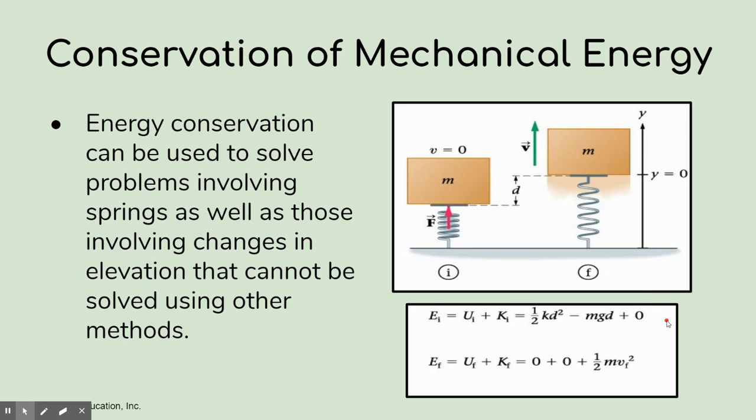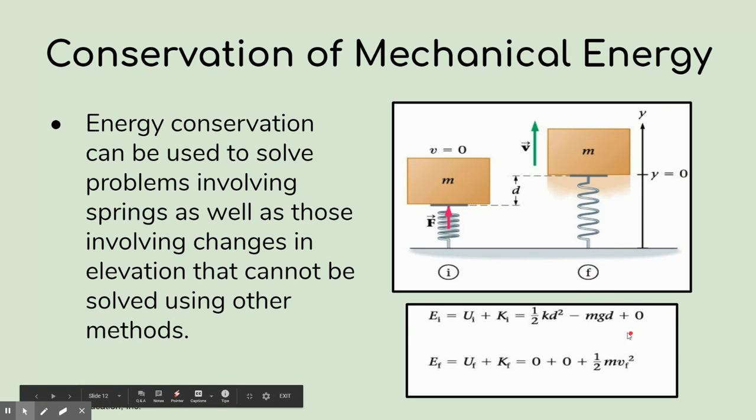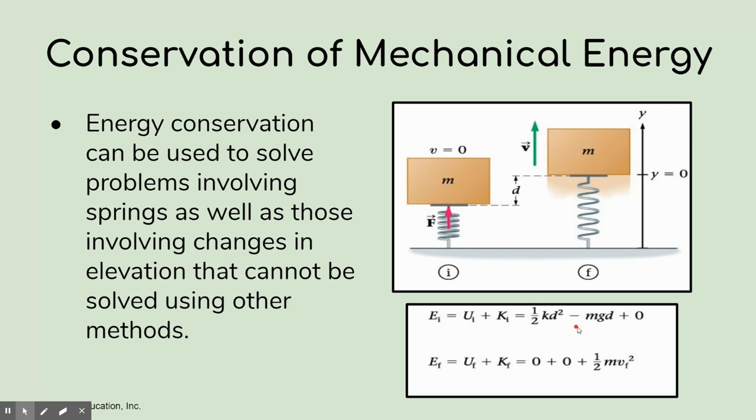This 0 is for the kinetic energy, and that's because this is not moving right now. Before, it is not moving, so we can say that kinetic energy is 0 and cancel out that term. So this part is all for the potential energy, that from the spring and then whatever is happening with gravity.